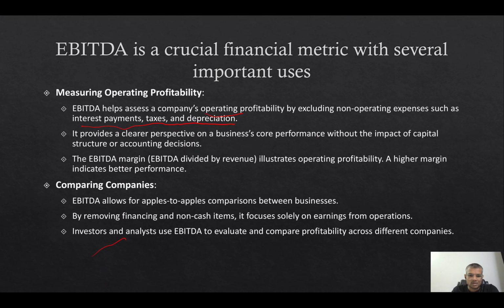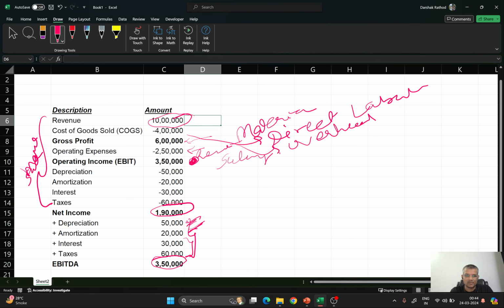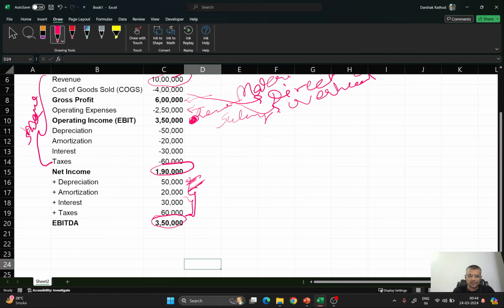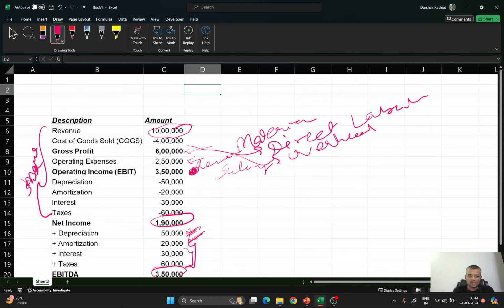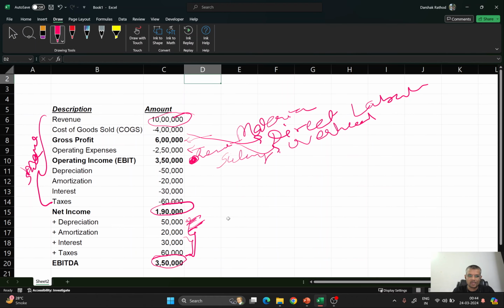So it is the same thing which I have informed you. It is useful for accounting decisions, and EBITDA margin is also useful. For example, if I go back to the Excel, and I calculate here, suppose this is our EBITDA, 350K.